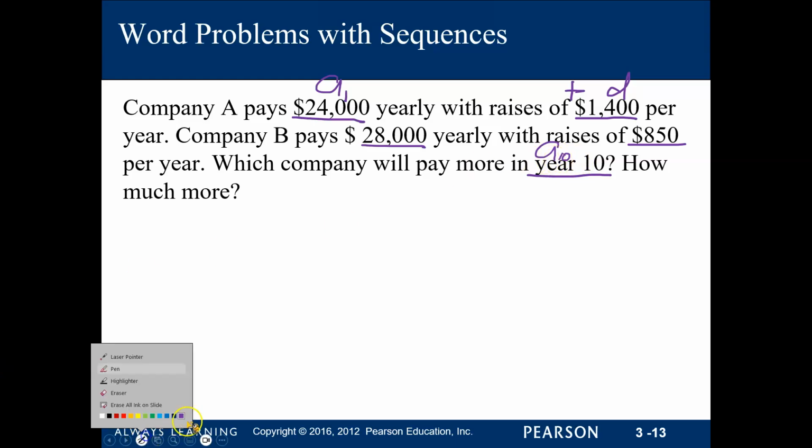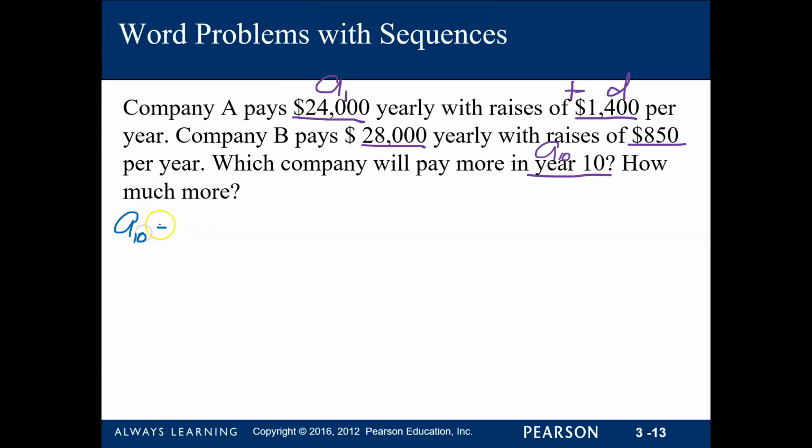So let's have the computation here. Company A, let's have it in blue. The first term is 24,000 plus our n minus 1, which is 10 minus 1, and our common difference, it raises every year, is 1,400.